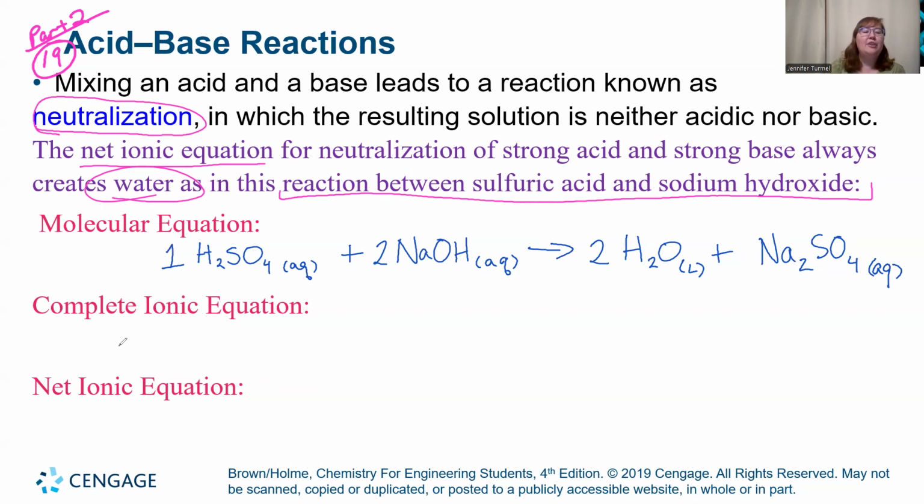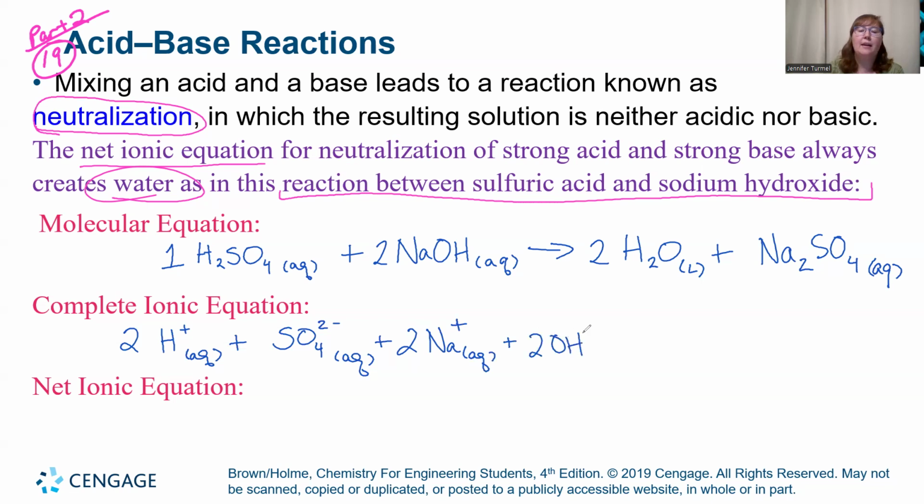So here we have one H2, so we have two protons, and they're aqueous. And we have one sulfate ion, and we have two sodium ions. And I'm just bringing this straight down from my molecular equation, but I'm breaking it up. And two hydroxide ions.